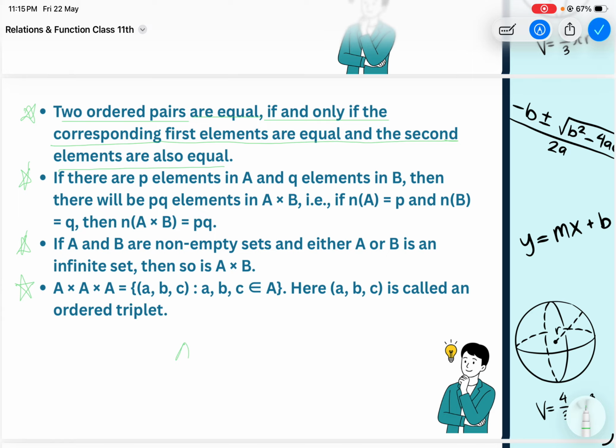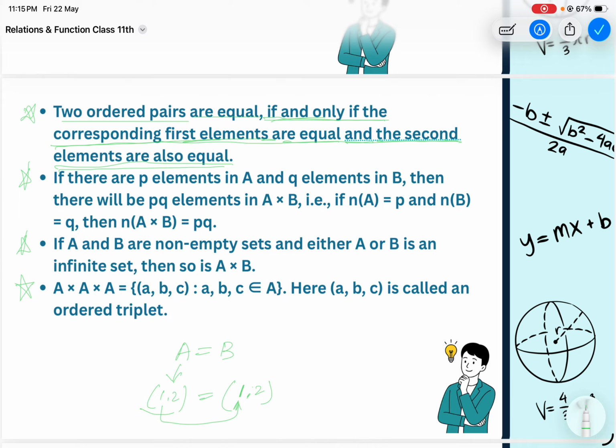It means if someone is saying A equal to B, and the elements of A are 1 and 2, then the first element of the second ordered pair must be 1, and the second elements are also equal, so comma 2.